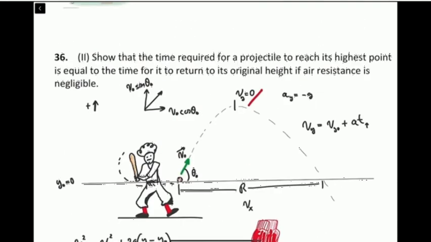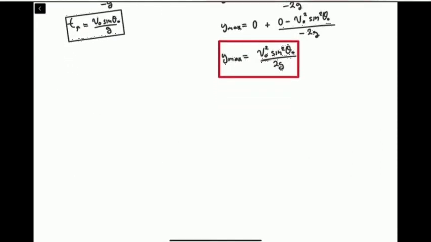Now we're dealing with this other half of the path. In order to solve that, we're going to use an equation that involves height and time. So we're going to have final height equals initial height plus the velocity in the y direction, and that's initial, times time, plus 1/2 acceleration, and that's in the y direction, times t squared.